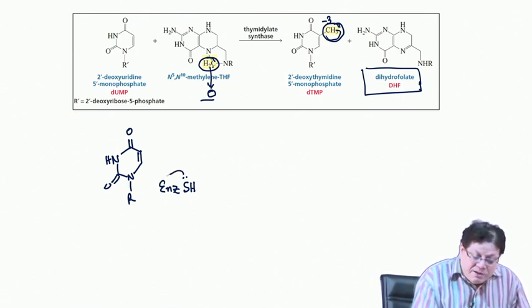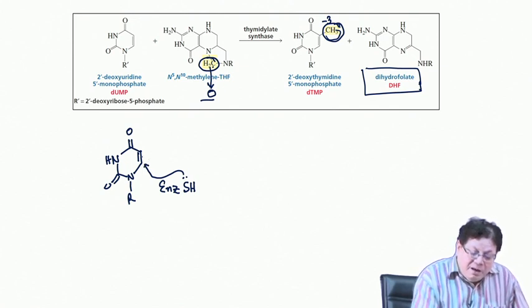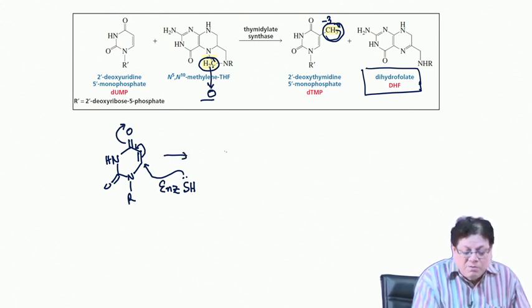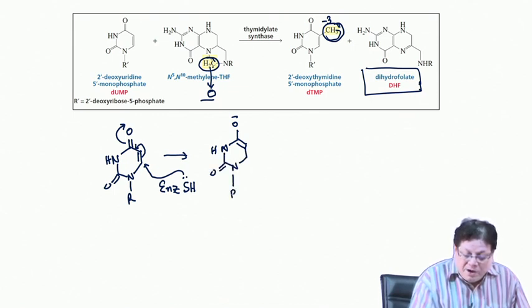Okay. So, it attacks here like in a Michael type reaction, 1,4 addition. So, that is the first formed species. So, you get NH and then O minus, and then you have this double bond and this N and the carbonyl, okay, and this is R, and here you have S enzyme.